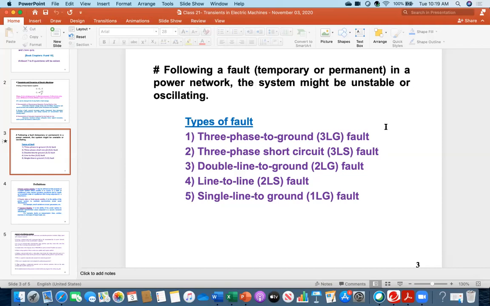Think about the situation. A tree has fallen and its branches got stuck with the lines. If it happens nearby your house, you will call MLGW and inform them about the situation. But unless they come, it might take 1 hour, 2 hours, 3 hours, you don't know how long.